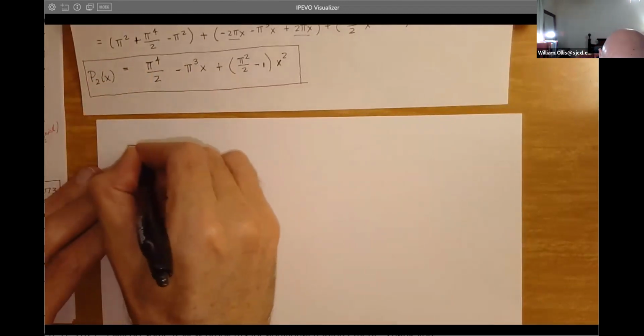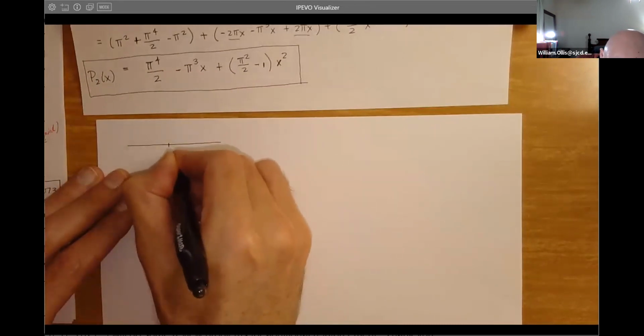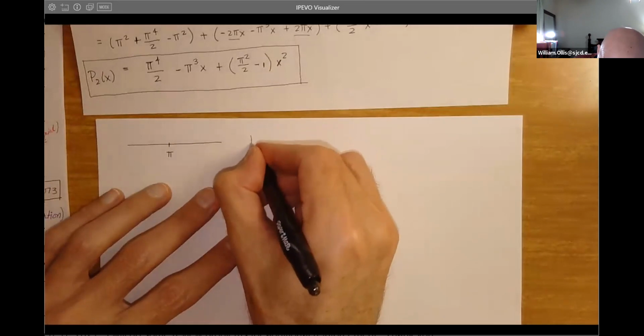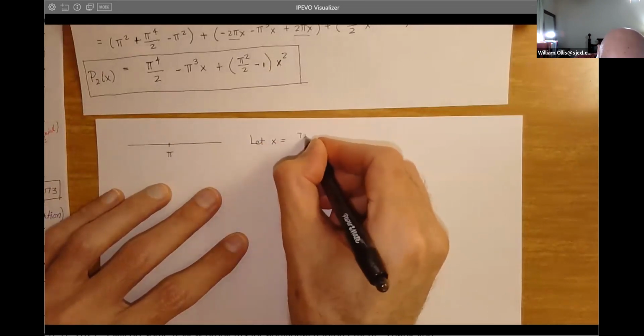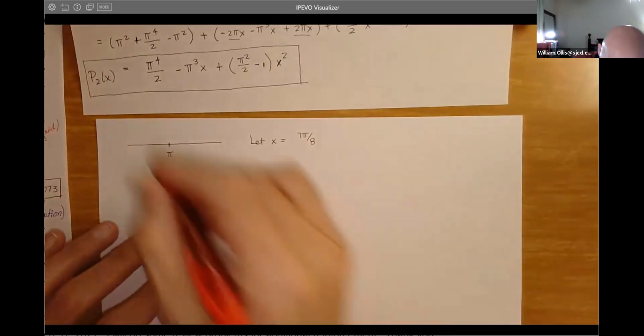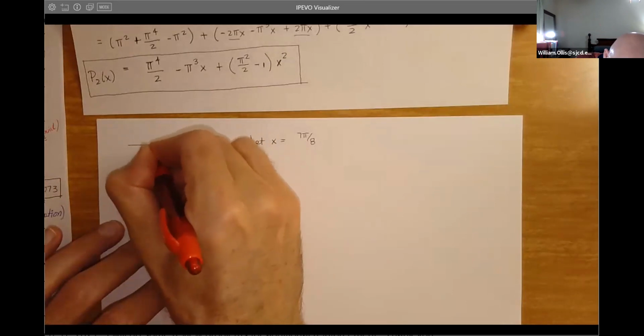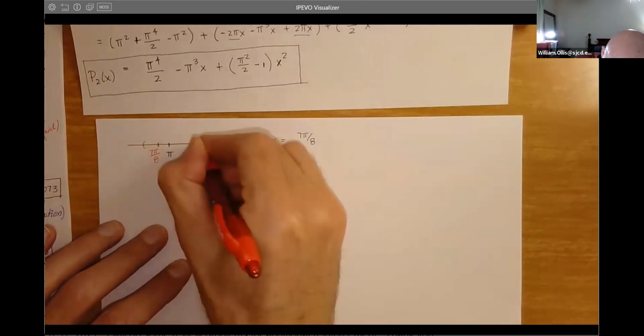Notice we have this expansion point c, which is pi. And what we want to do is let x equal 7 pi over 8. So this is to the left here. I'm making up my own scale here, so I've got this little interval here.